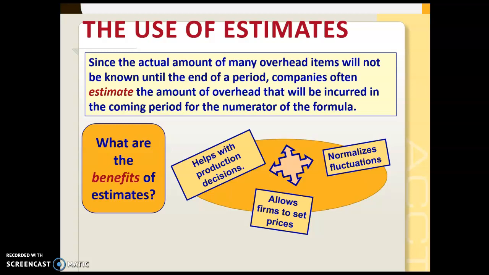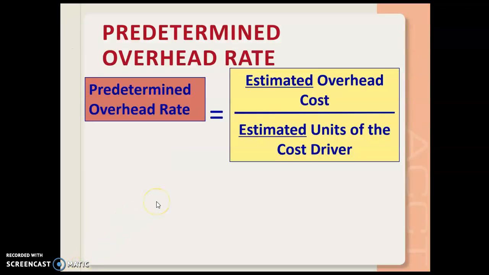So by estimating the overhead for the whole year and then creating a rate that divvies it out, we'll normalize that so that products built in February, products built in August, and products built in December all have the same rate of overhead applied to them. Again, our formula is the predetermined plant-wide overhead rate: the estimated overhead cost divided by our estimated units of the cost driver for next year.